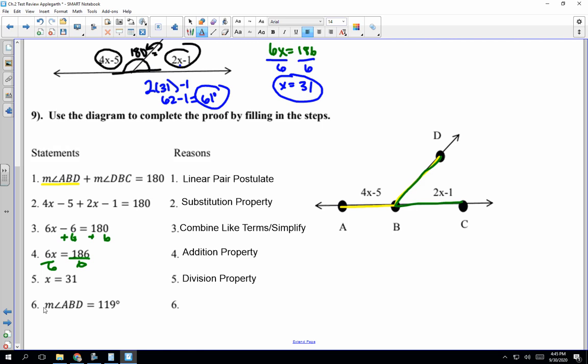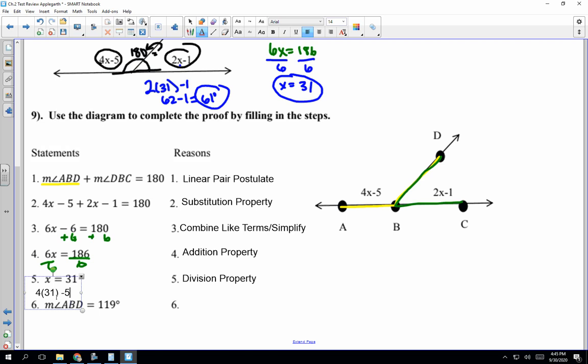And then it says measure of angle ABD is equal to 119. What had to happen in order for that declaration? Oh, we must have plugged in 31 for x.